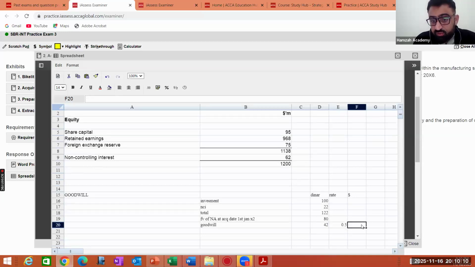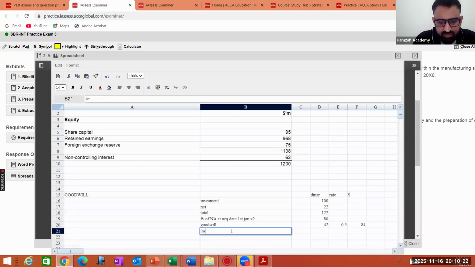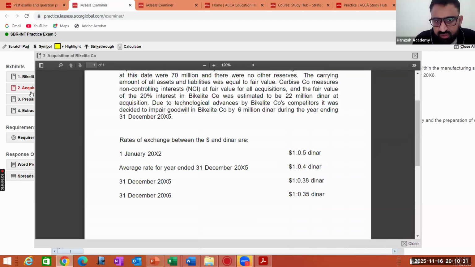And goodwill at the date of acquisition will be translated using the rate at the date of acquisition. So in terms of dollar, the goodwill was 84. Now this goodwill has been impaired during 20x5, and the impairment during 20x5 is 6 million dinar.